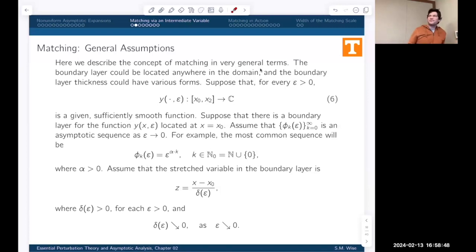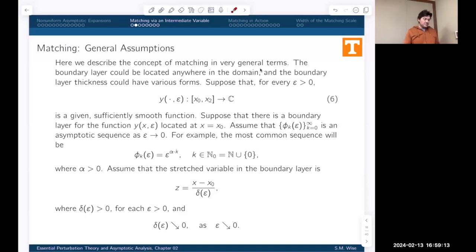So we want to come up with a naming convention where we respect the definitions that we already have. We want to assume that there's a boundary layer at this point here, x naught. Now, the boundary layer could be at x2. There's nothing holding or preventing that. So the choice here is just for convenience.